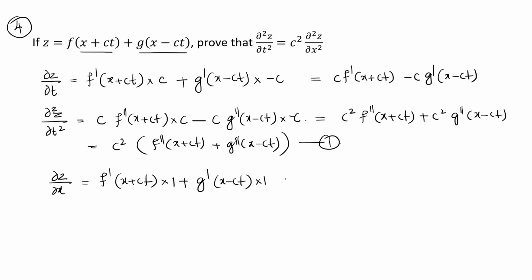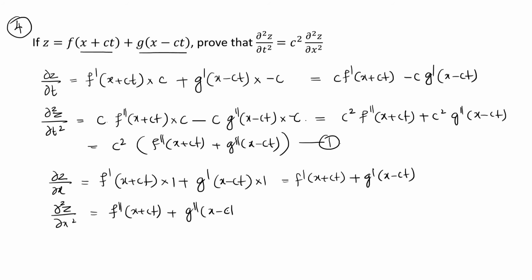Therefore, this is f dash of x plus ct plus g dash of x minus ct. Then its second derivative, dou square z by dou x square, we differentiate in a similar way: f double dash of x plus ct into 1 plus g double dash of x minus ct into 1. This is equation number 2.